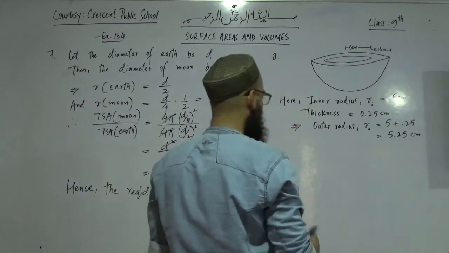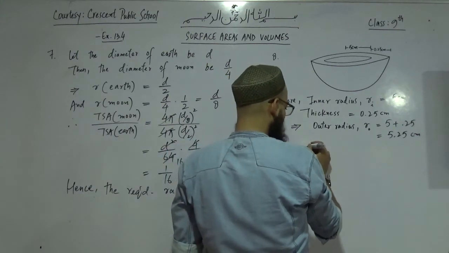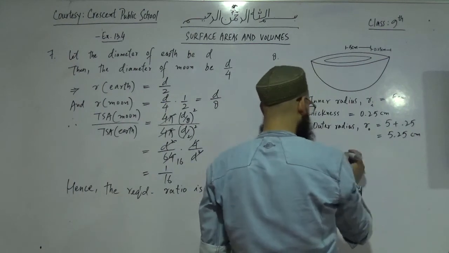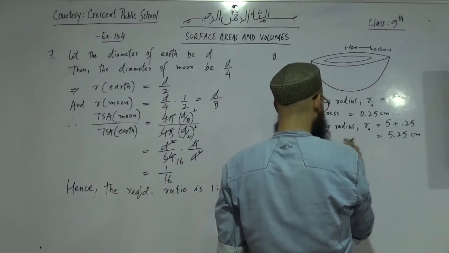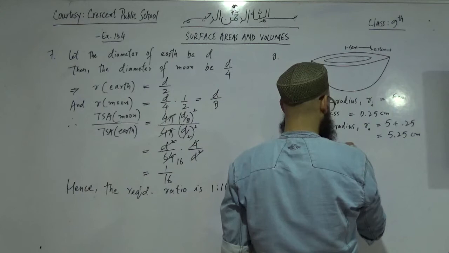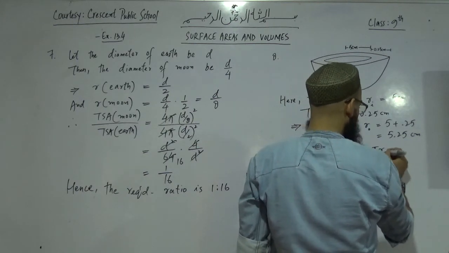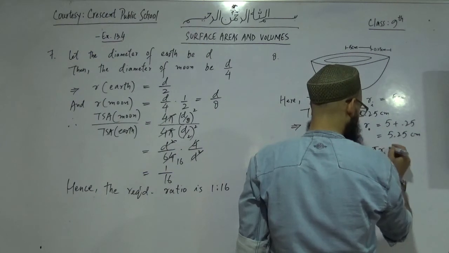This is the outer radius. Therefore, curved surface area outer of hemisphere is twice pi Ro square.